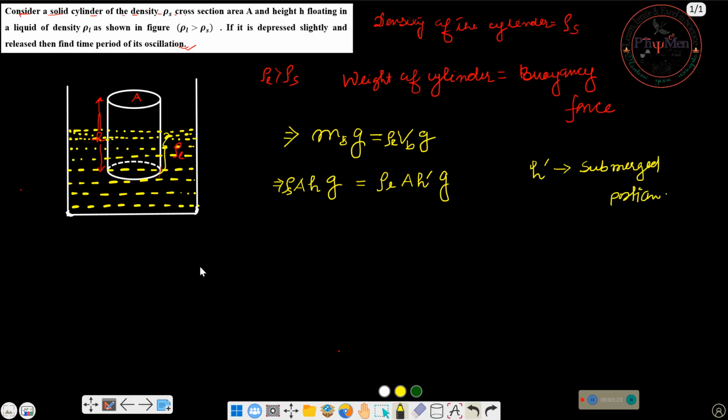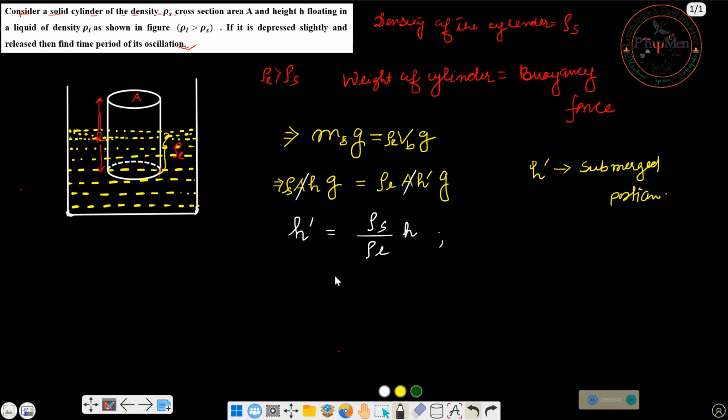From this we will get h dash, the submerged height, as rho s by rho l into h, right?